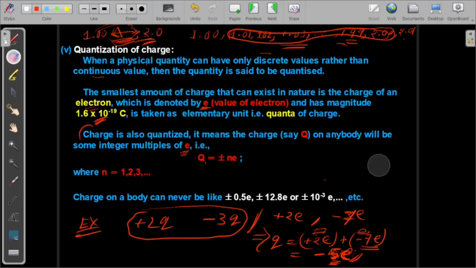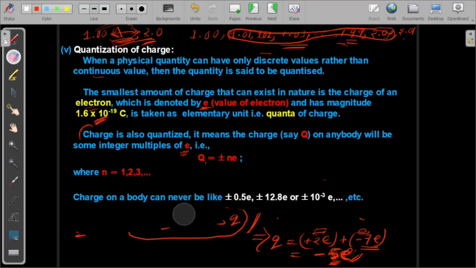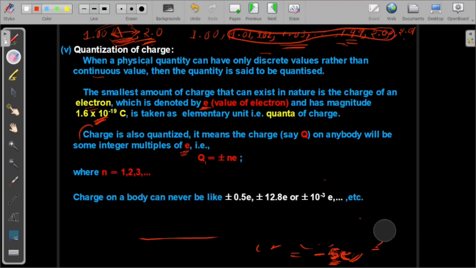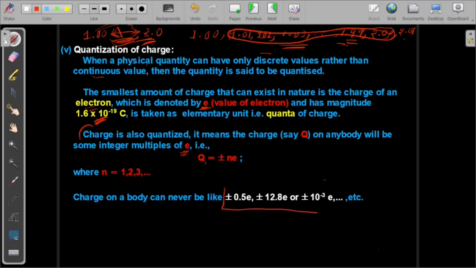Understood? Next one. Here the charges can't have a fractional value or rational value. It can have only integer values, I mean an integer multiple of the electron charge.